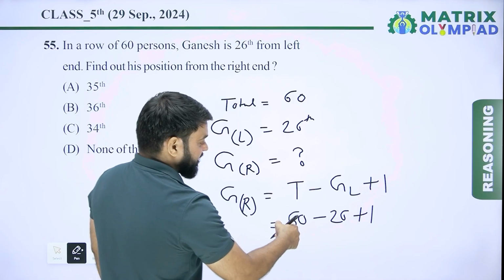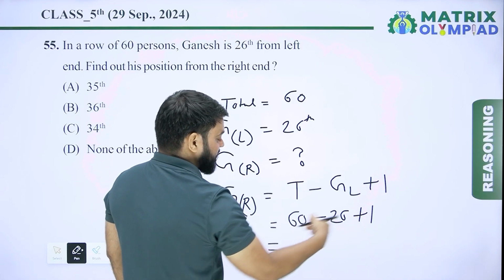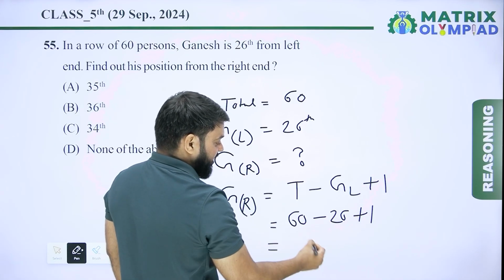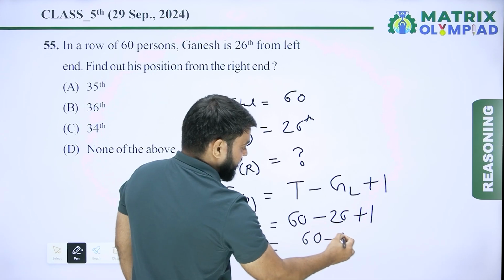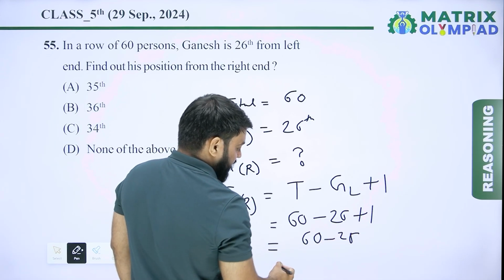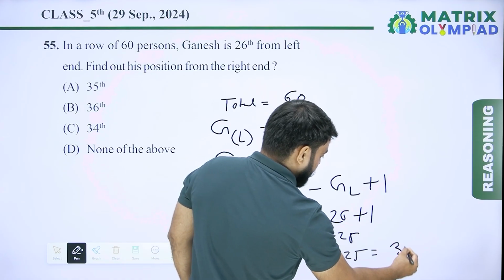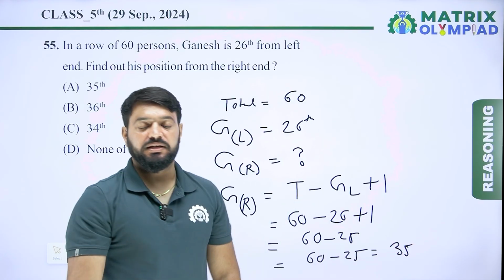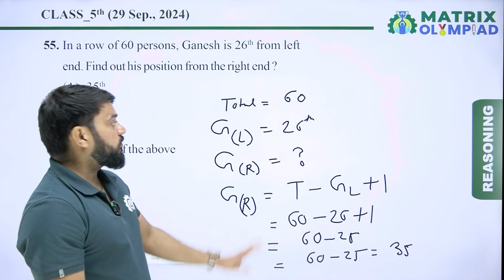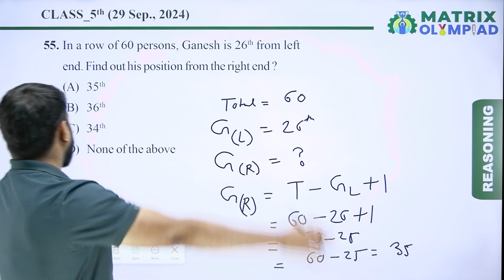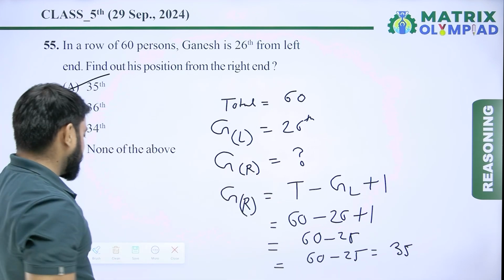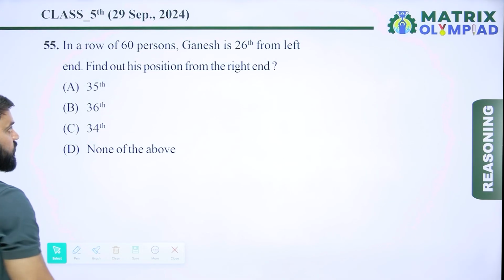So 26 plus 1, it means 60 minus 25. 60 minus 25 is 35. So it means the position of Ganesh from the right hand is 35th. So here option A is the correct answer of this question. Now let's move on to the next question.